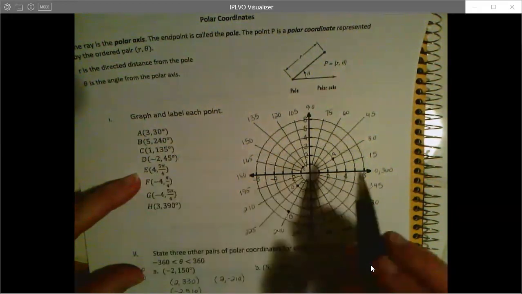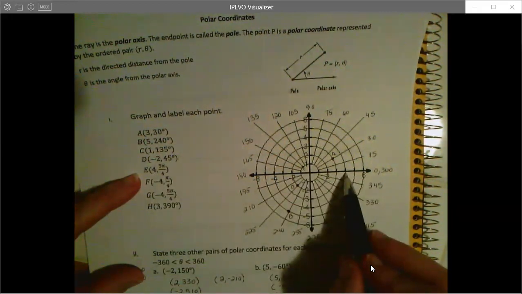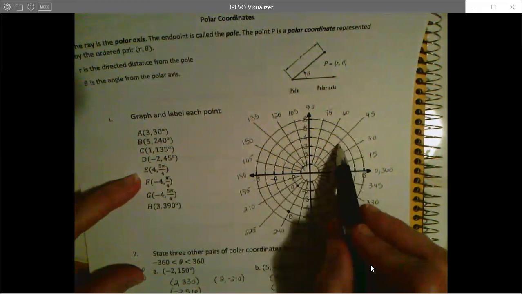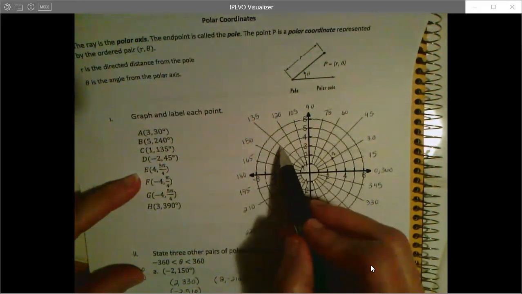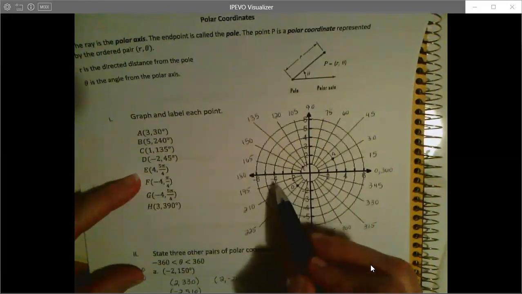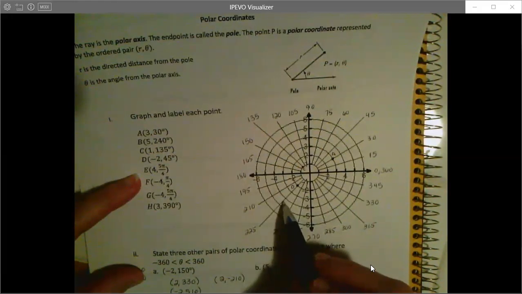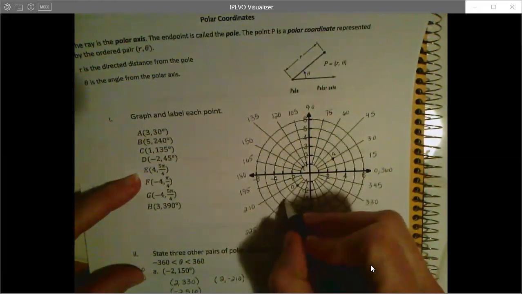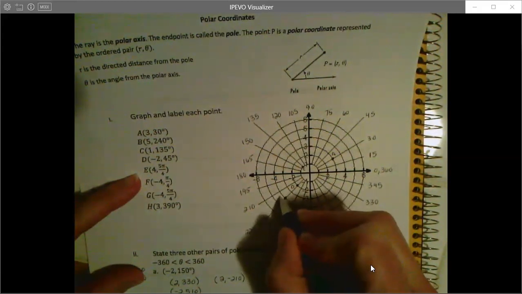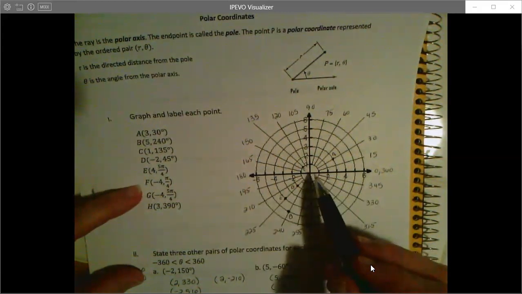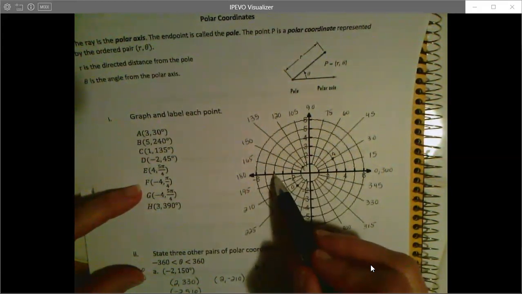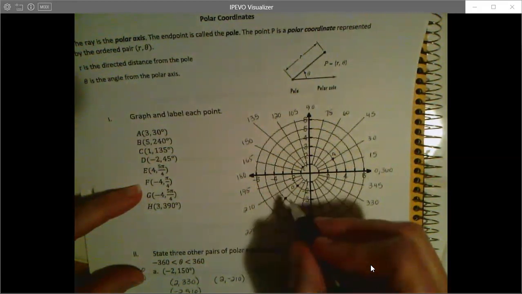4 and then 5 pi over 4. We're going to go out 4 and then 5 pi over 4. So this is 1 pi over 4, 2 pi over 4, 3 pi over 4, 4 pi over 4, 5 pi over 4. But I only want to be on the 4th ray out. So right here, and that's point E. Then negative 4, negative pi over 4.